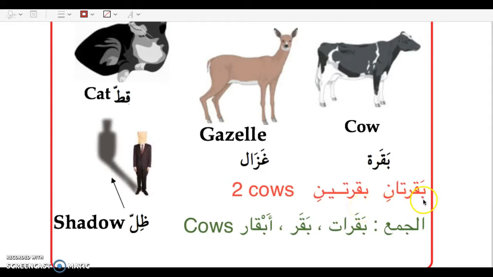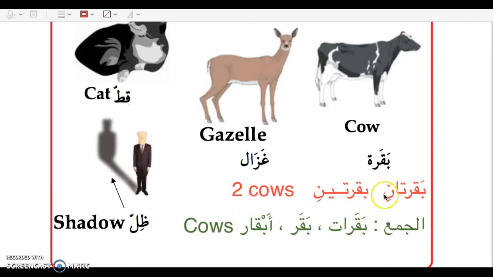So you have baqaratani, which means 2 cows, or you can say baqaratayni. Make sure you say the noon in a broken form, not na, but ni. See, baqaratani, baqaratayni.